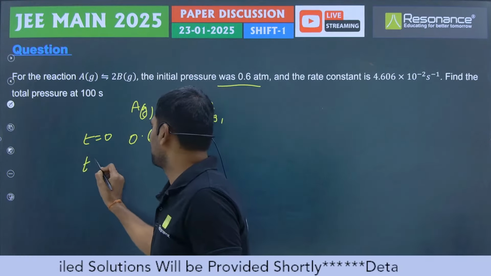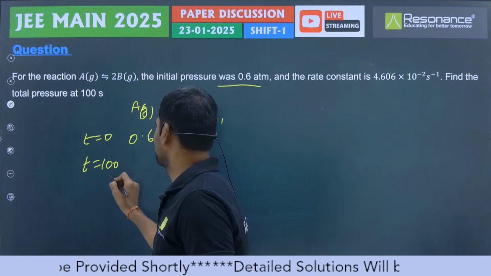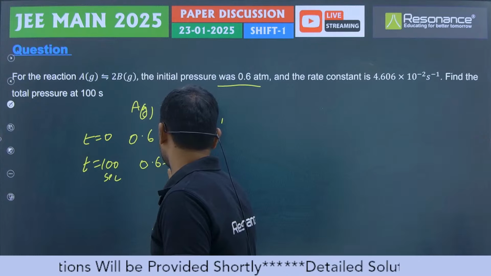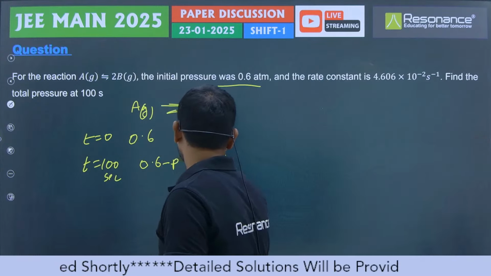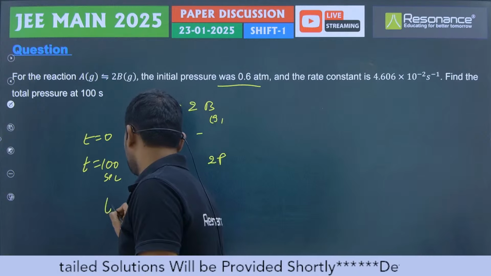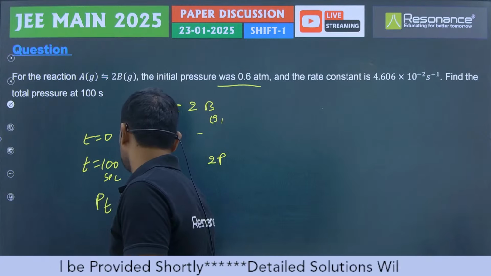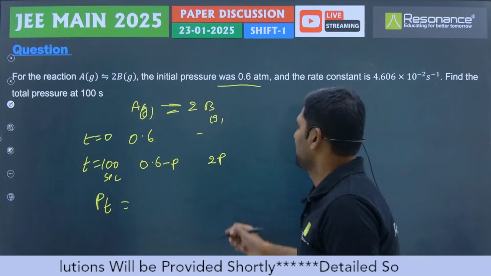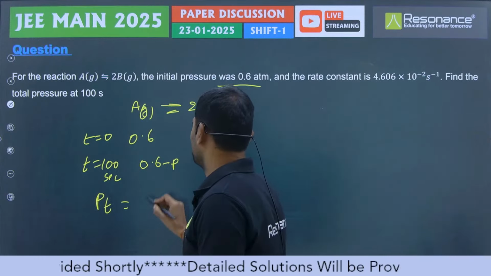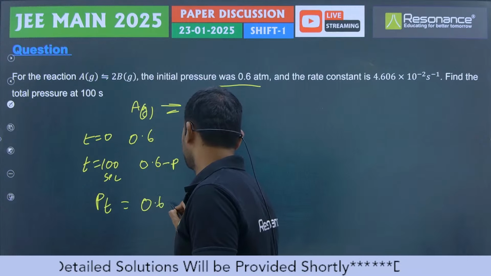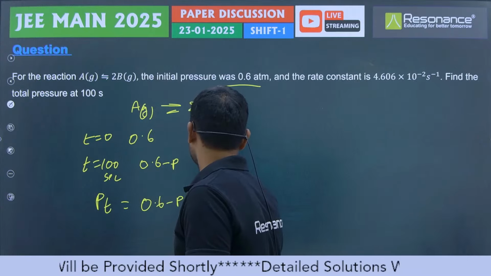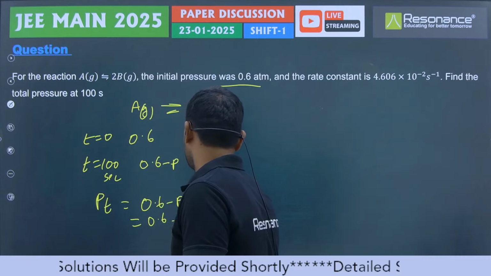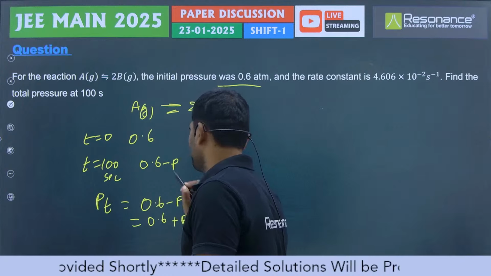After a time t, 100 seconds, some of the reactant is converted into product. After 100 seconds, P total equals the sum of all gases in the system. The gases here are A and 2B. A is 0.6 minus P, plus B is 2P. So we will get 0.6 plus P. I need to find the P value.